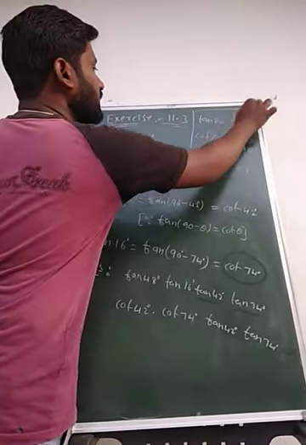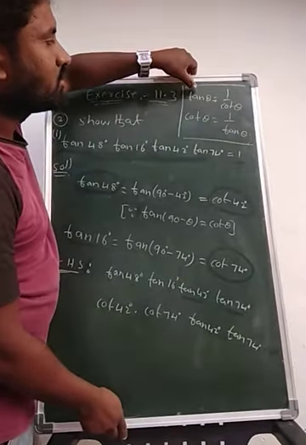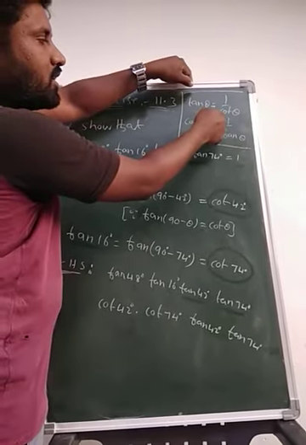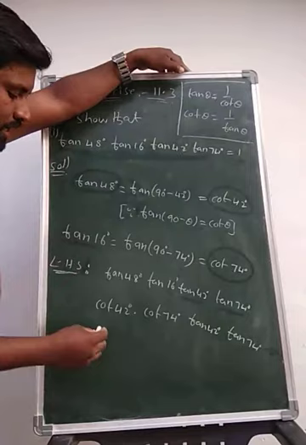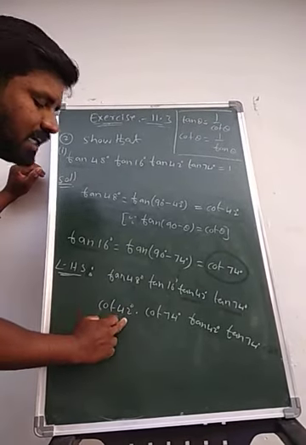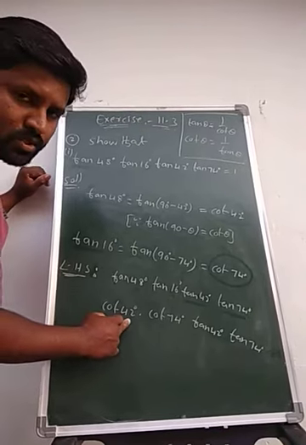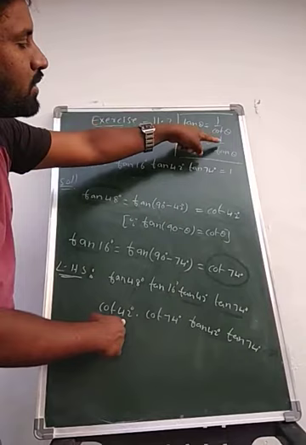You can write like this. Here cot 42 degrees is cot theta. If we take 42 degrees as theta, cot theta can be written as 1 by tan theta.